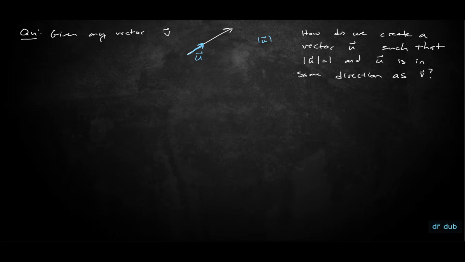So how do we create a vector that has unit magnitude and is in the same direction as our original vector? Well, we know to change the length of a vector v, we just have to multiply it by a scalar. So the answer really is multiply v by a scalar.